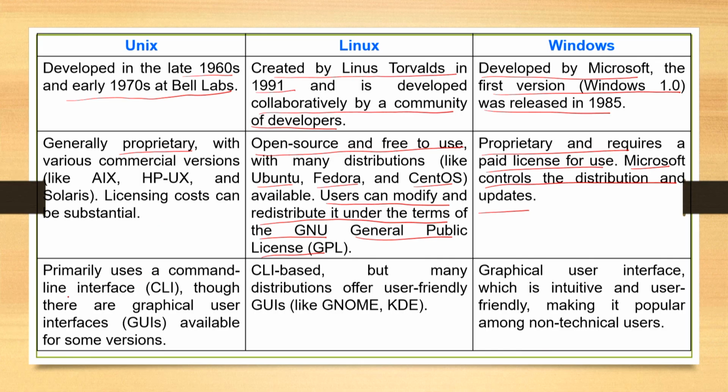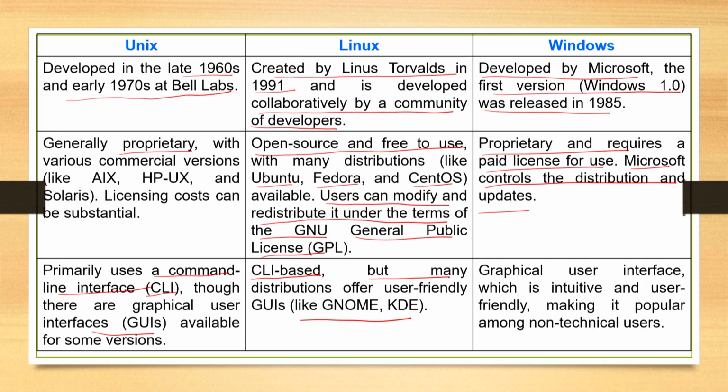The Unix operating system uses a command line interface. Some versions have a GUI, but very few. It is basically a command line interface, whereas Linux is also command line, but many distributions offer user-friendly interfaces like GNOME and KDE.